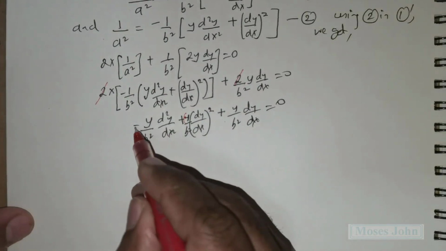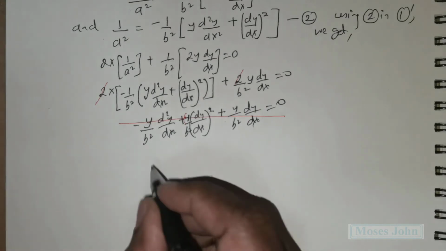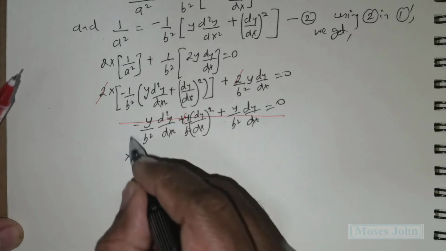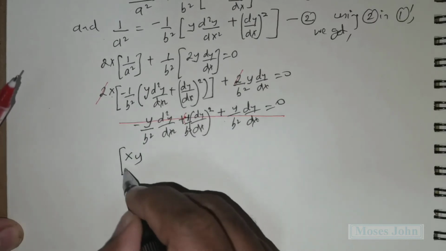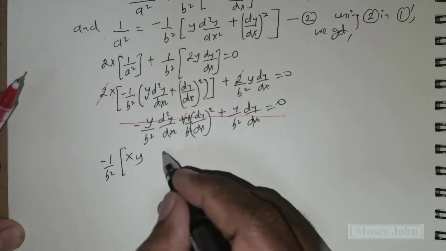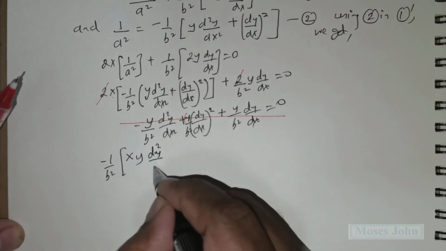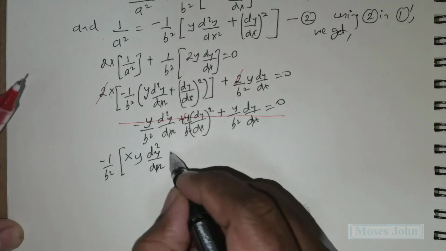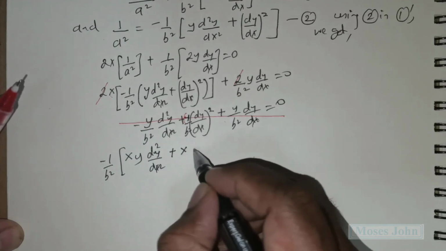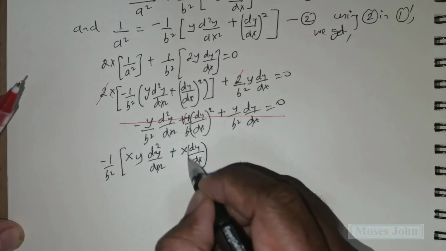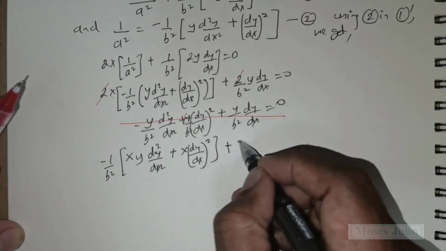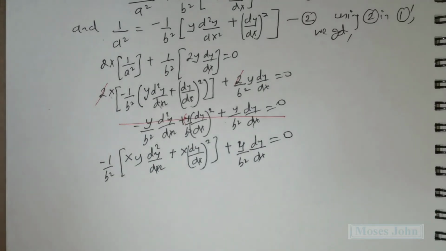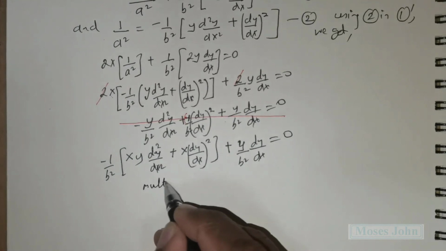Let me just rewrite this as x times y times negative 1 over b squared d squared y over dx squared. I'm taking x inside, but retaining negative 1 over b squared as a constant, plus x times dy over dx raised to the power 2 plus y over b squared times dy over dx is equal to 0.